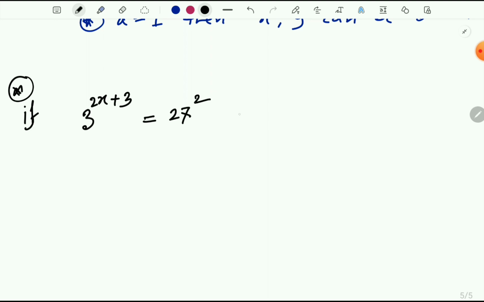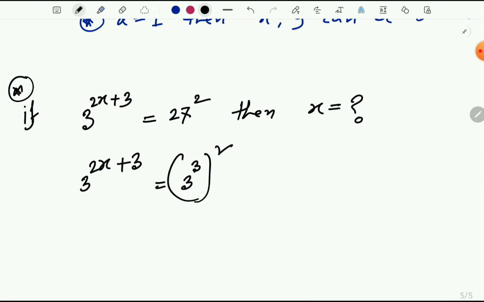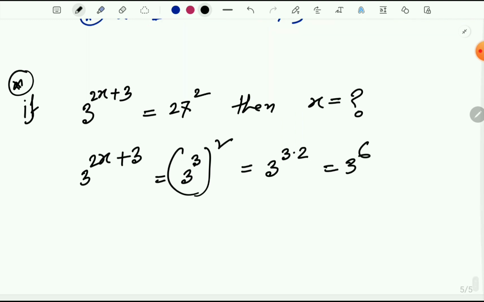So we can write as I wrote previously. 27 can be expressed as 3 power cube, and the whole cube is squared. We can further simplify: 3 times 2 gives us 6. So from this equation we can see our base is 3, the same.